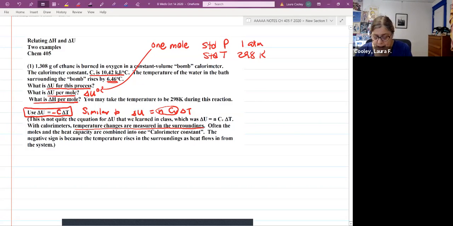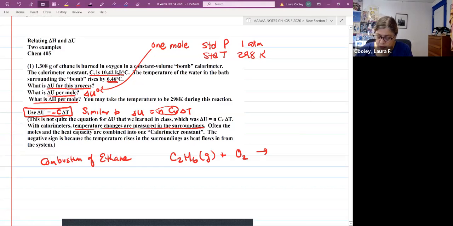And now what you have to do is think about what's going on here. It's the combustion of ethane. Okay, so you know what the formula for ethane is, right? And you know it's a gas, and you have to combine it with oxygen, and you know what the products of combustion are.